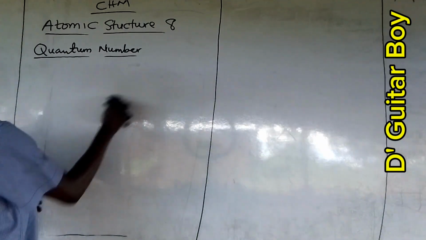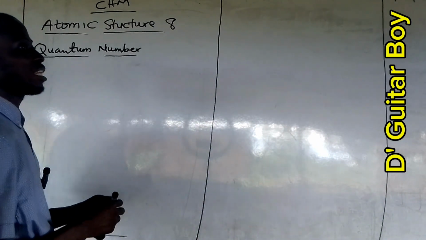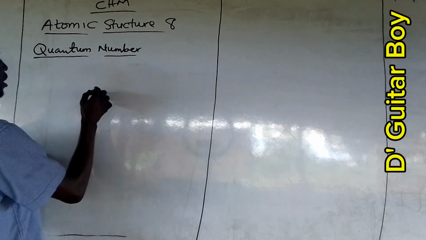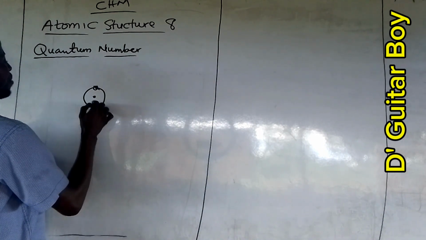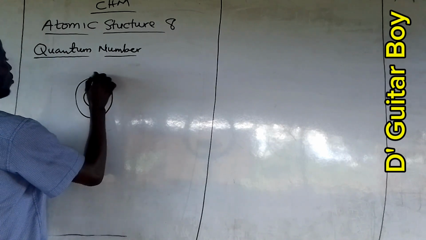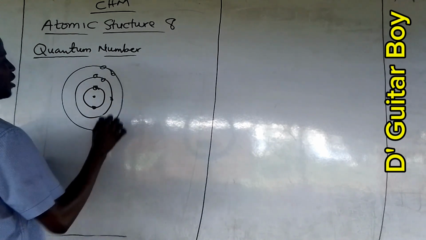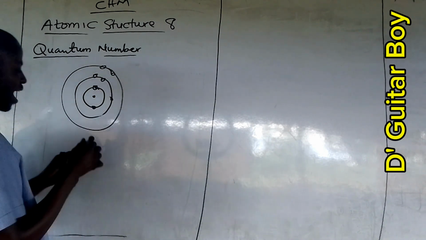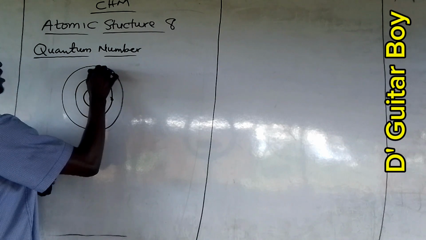Now under wave mechanical theory, it is telling us that the energy of an electron, even though we might have more than one electron here, more than two electrons here, any amount of electrons here, that the electrons here do not have the same energy.